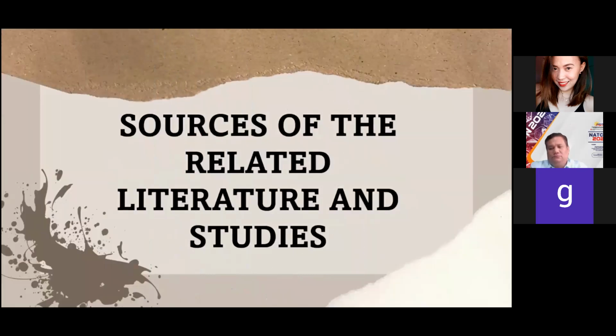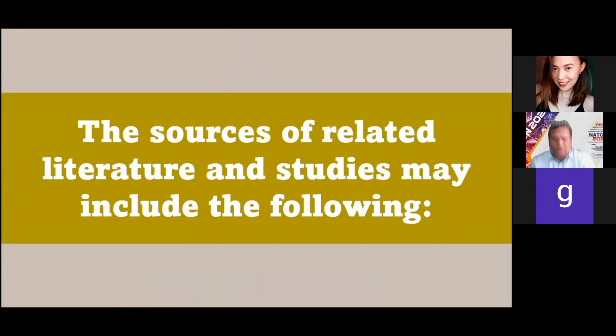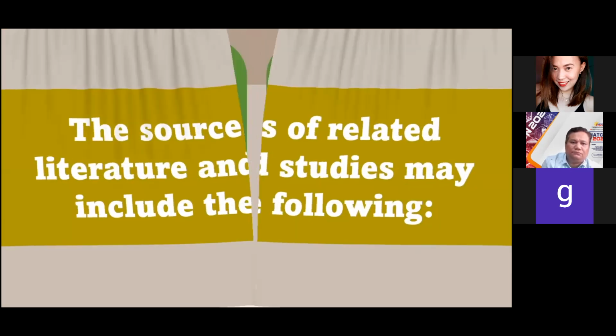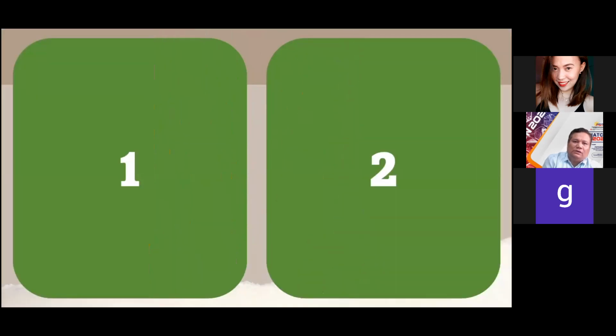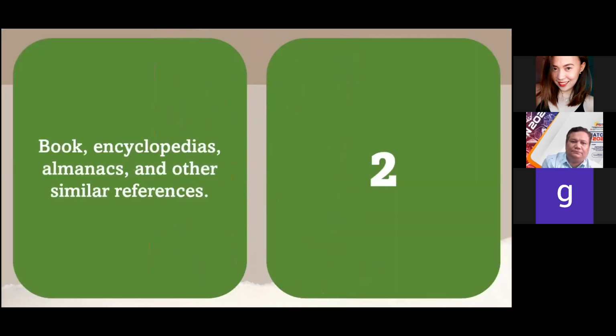Sources of the related literature and studies. The sources of related literature and studies may include the following. 1. Books, encyclopedias, almanacs, and other similar references. 2.